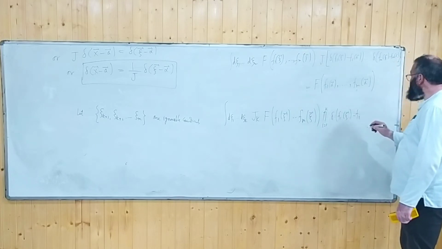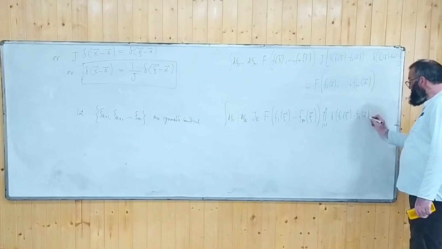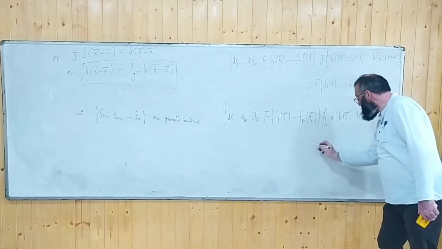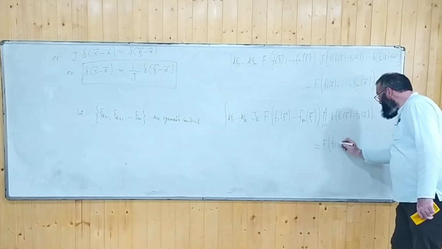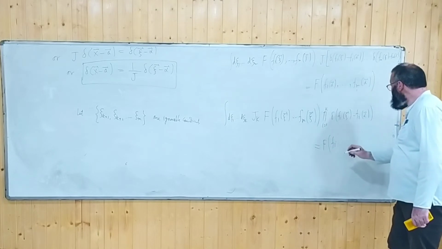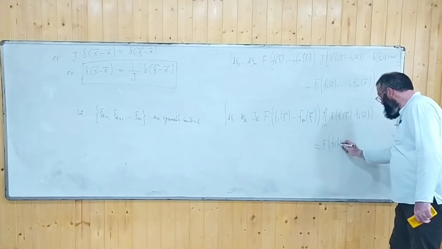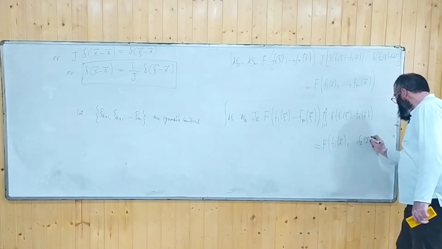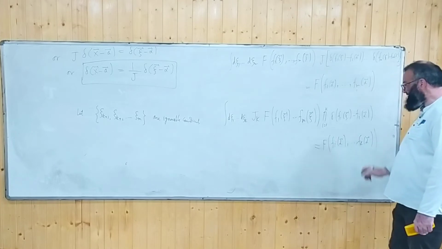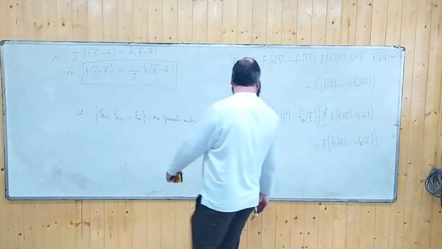Okay, let me write first it. Then I'll explain what I have done. So that's simply equal to f of f1 of alpha up to fk of alpha. Now compare the two equations. What I have done? So I have defined my Jacobian.